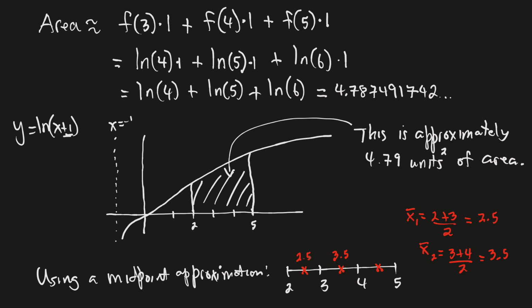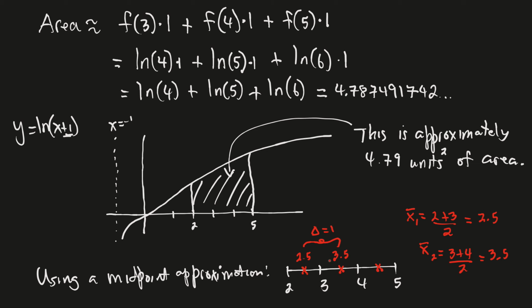Not only that, but this here has the same delta. This delta is 1. If you take the difference between 3.5 and 2.5, you'll get 1, which means the difference between the third x and the second x would also have to have a delta of 1.